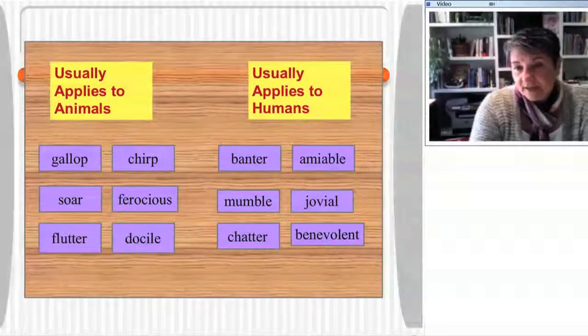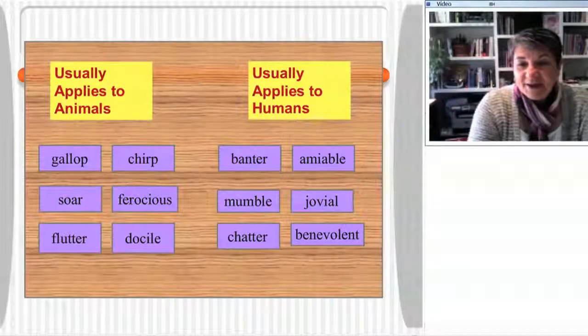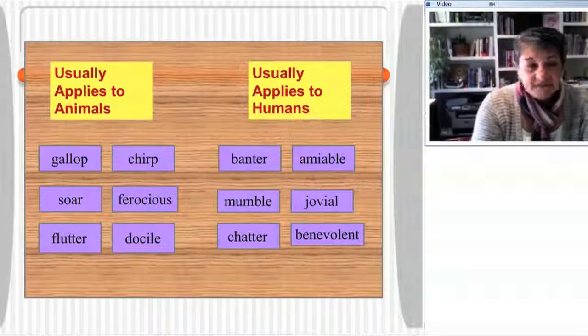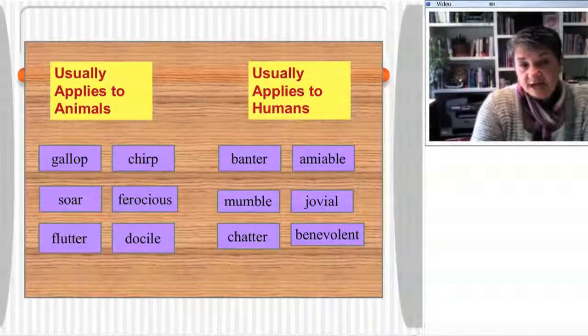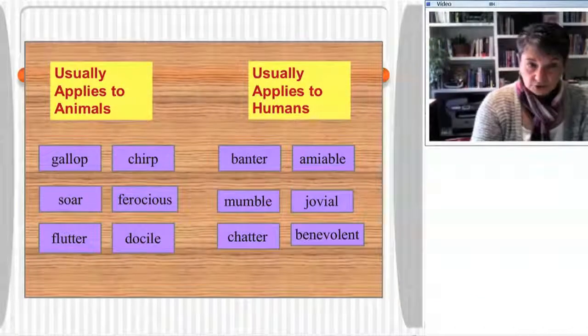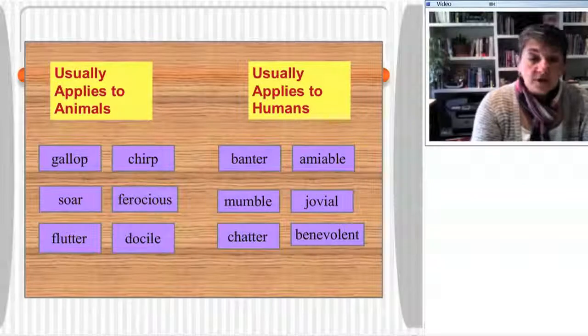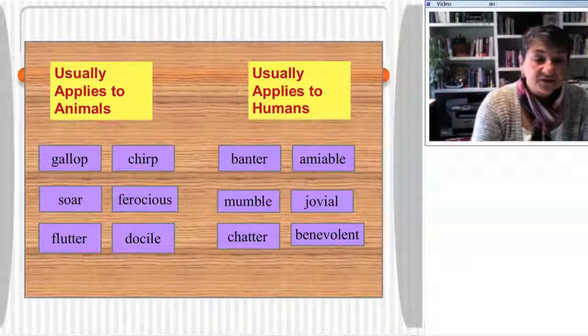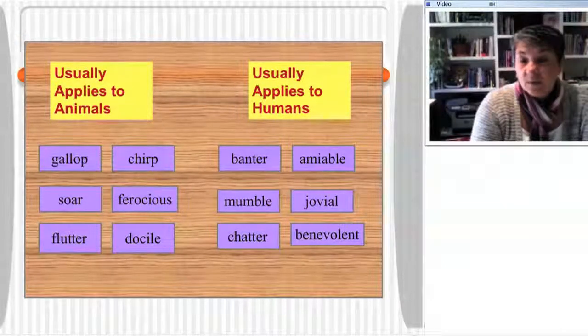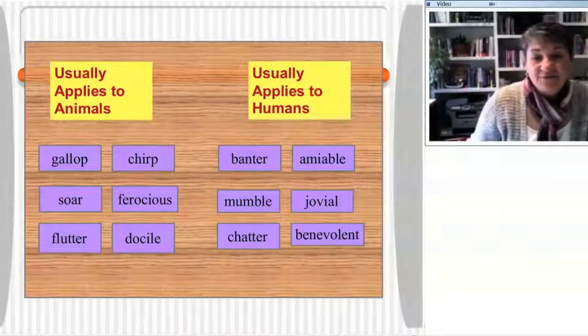Okay, so what you can do is have words on cards and then have students sort them in all kinds of ways. You can develop the categories ahead of time. You can make up the larger cards that say usually applies to animals, usually applies to humans. Or another alternative too is you can have the students sort the words in any way they want to, and that's often very useful as well.